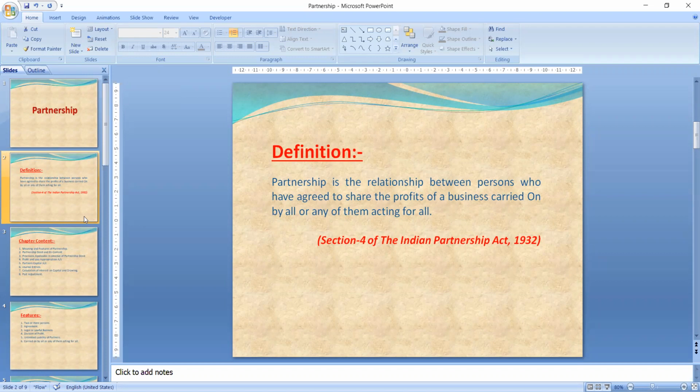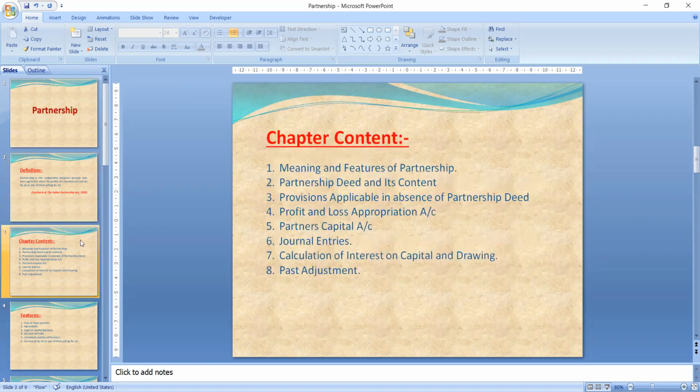Okay, the next item. These are our chapter contents, meaning we have to study these items in this chapter. First is meaning and features of partnership, then partnership deed and its content.